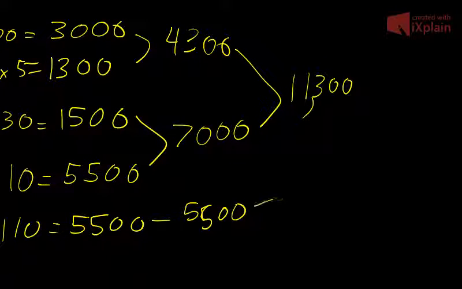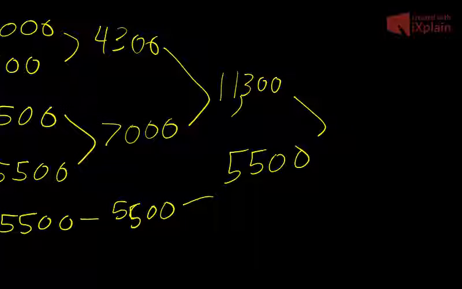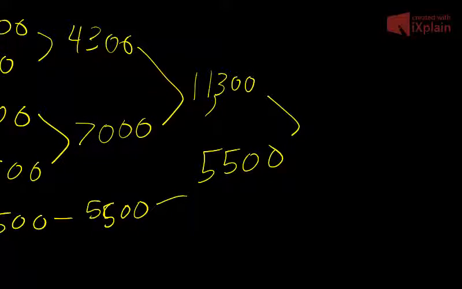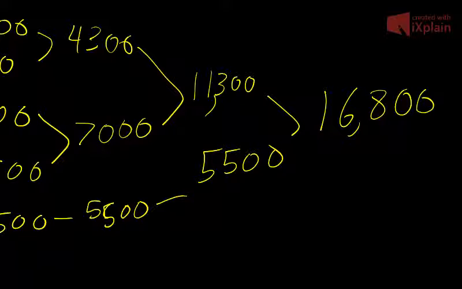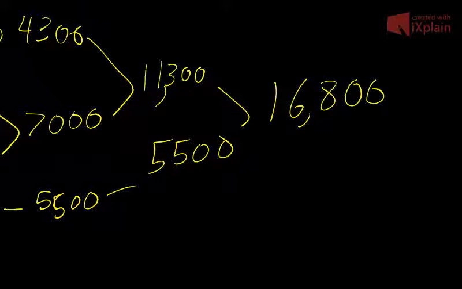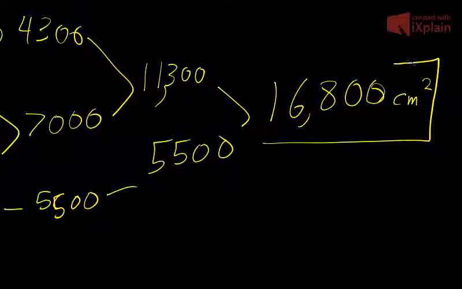So I have my 5,500, and then adding these together, I end up getting, let's see, that would be 16,800. We want to make sure we have our units. That would be centimeters squared. And just like that, we're done.